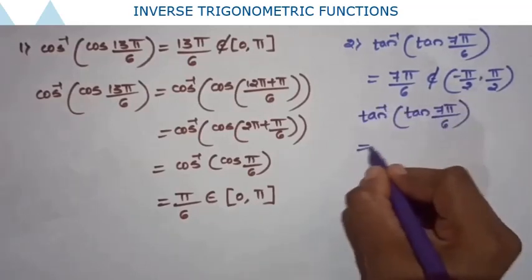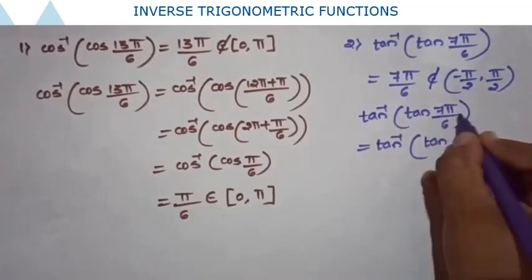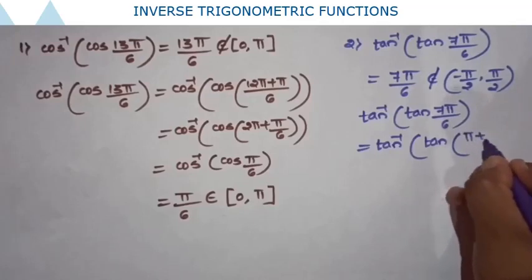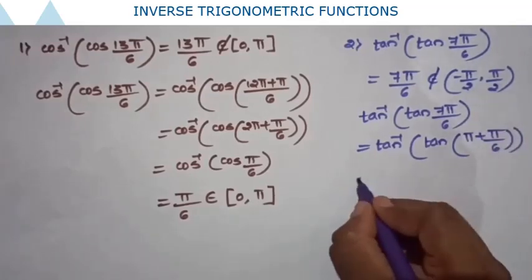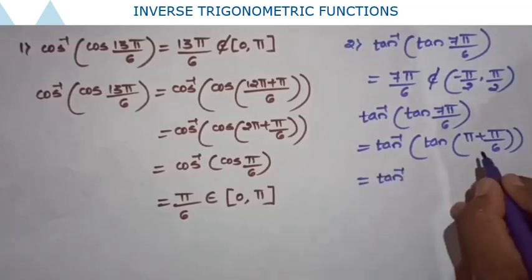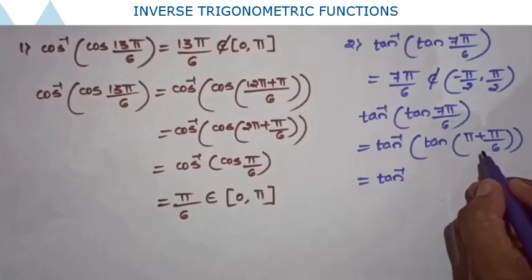Now I am reducing 7 pi by 6 using allied angles. 7 pi by 6 can be written as pi plus pi by 6. So tan inverse of tan of pi plus pi by 6, which lies in the third quadrant.